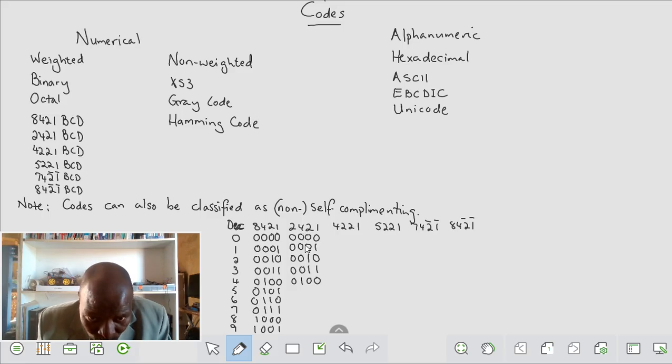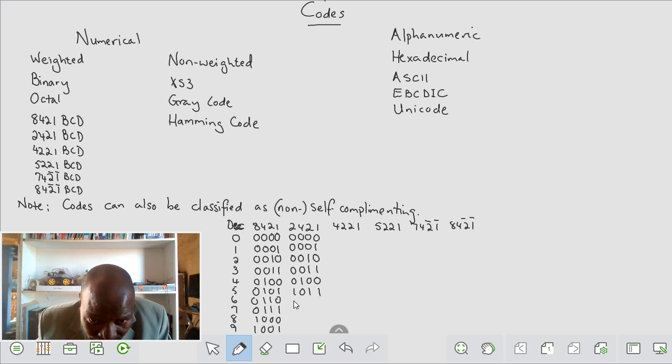We've got one possibility with 4 and 1, another possibility with 2, 2 and 1. Remember, for numbers below 5, you use the lower order 2. For numbers above 5, you use the higher order 2. Now 5 itself uses both 2s. Okay, so this is 2, 2 and 1, right?